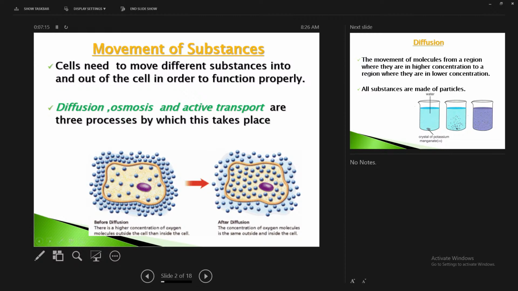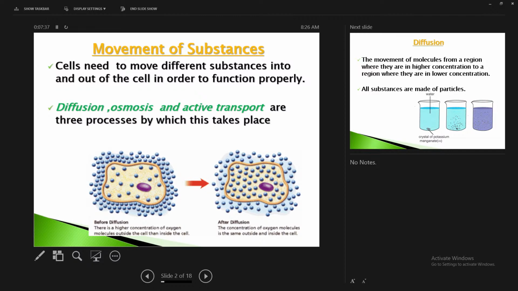Right, so we're going to start with the subheading which says movement of substances. What they're saying, as for this first pointer, is that cells need to move different substances into and out of the cell in order to function properly.